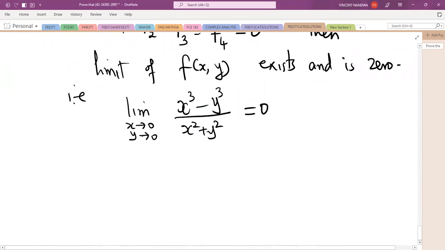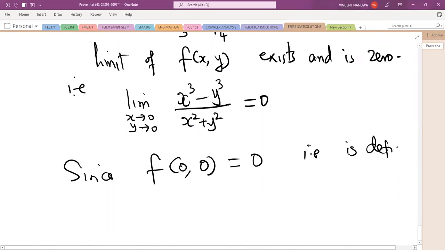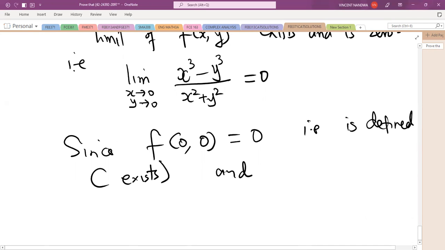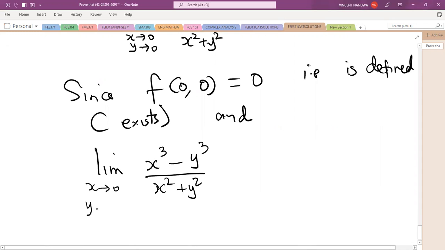So next statement you say, since f at 0, 0 equals 0, that is, f is defined, or you can say exists, and the value of the limit of x cubed minus y cubed over x squared plus y squared as x approaches 0, y approaches 0 is 0, which is the same as f at 0, 0.